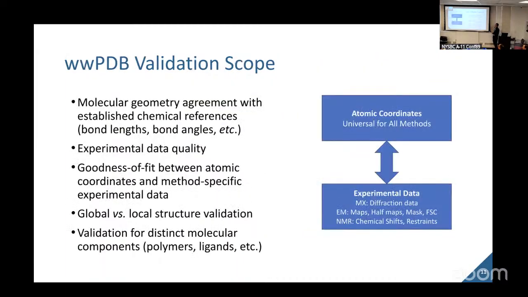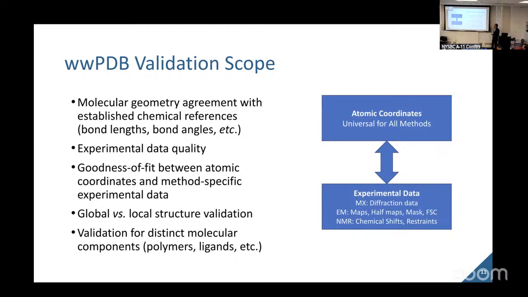Every PDB structure deposited goes through the validation process. The PDB archives two types of data, which include both the atomic coordinates model and experimental data. Of course, for different methods, there are different experimental data. For MX, macromolecular crystallography, there's diffraction data. For 3DEM, there are maps, half maps, etc. For NMR, there are chemical shift restraints.